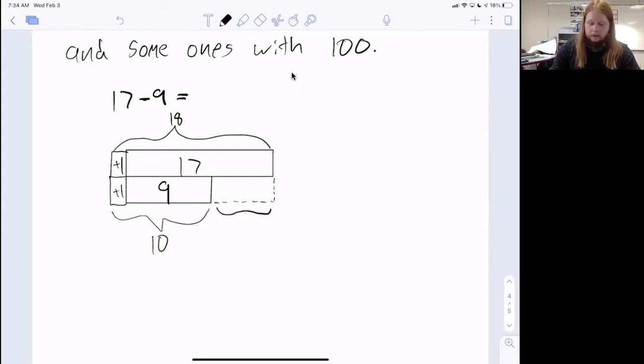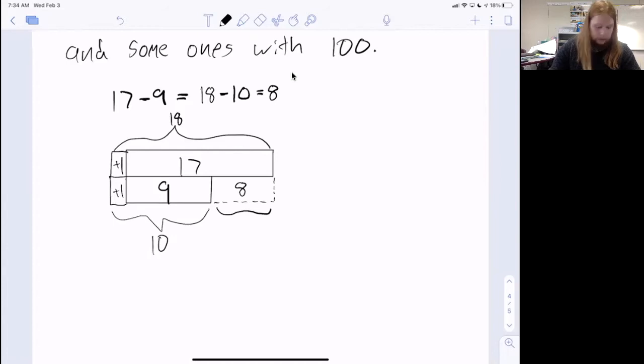So now instead of having 17 minus 9, we're going to have 18 minus 10. Instead of having to count down by 9s, we can skip count by 10s. If we go from 18 and skip count by a 10 down, what do we get? We get 8. You can do this with any addition problem, any subtraction problem. You just got to make sure that the numbers balance out in the end.